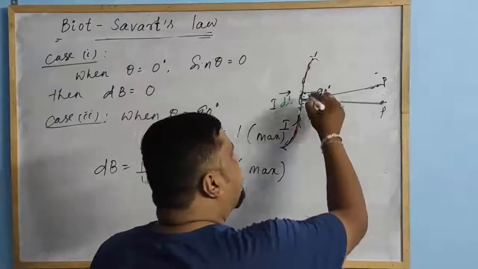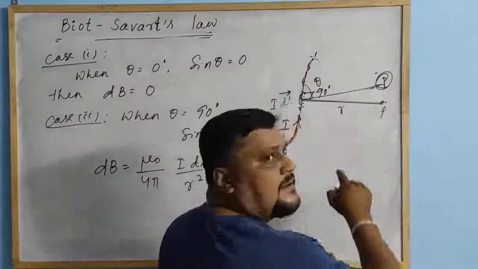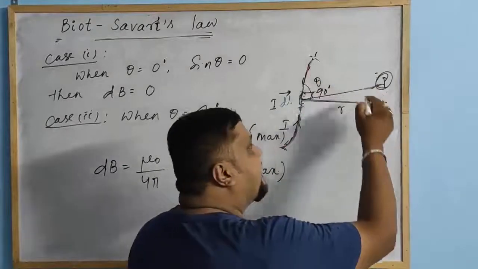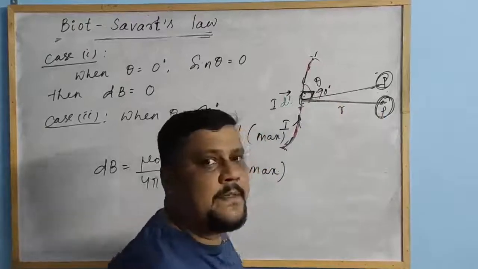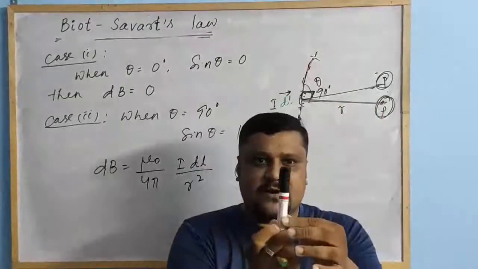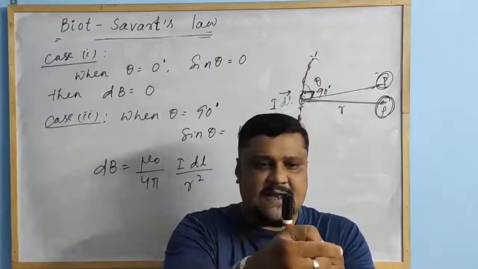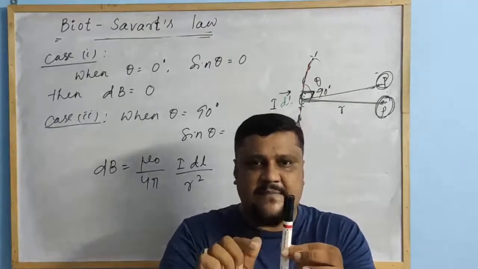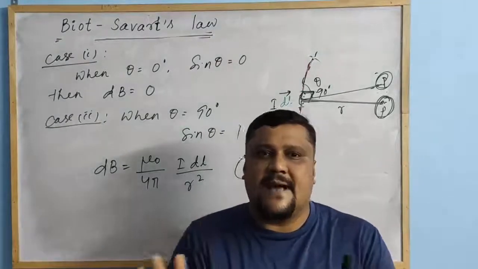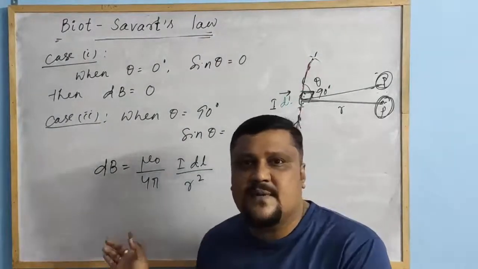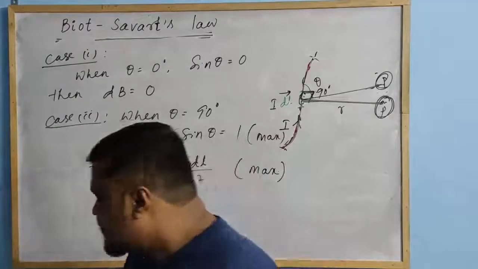What is the magnetic field here due to this element, compared to the point P at a perpendicular? If you consider another point P for the small element, then the magnetic field is different. The magnitude may be the same, but the direction will be different. Clear?